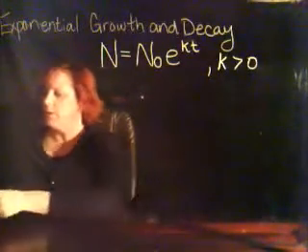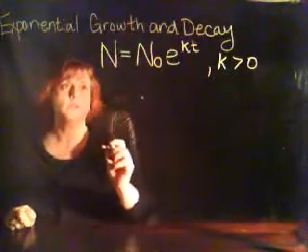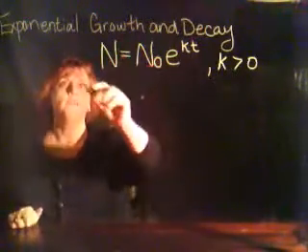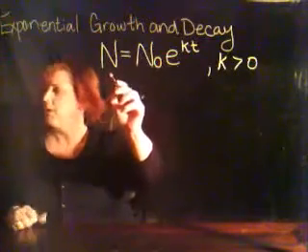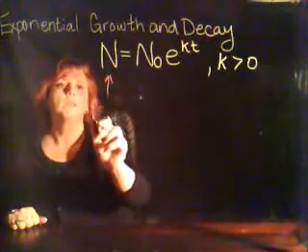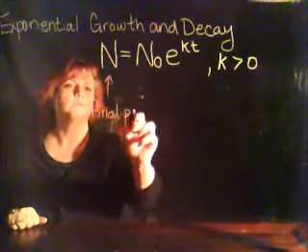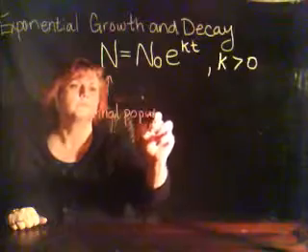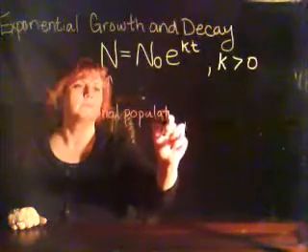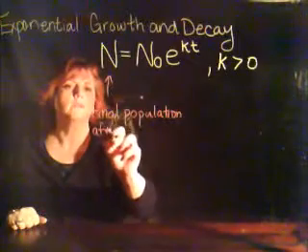Let's take a look at what each of those pieces mean, because we're talking about exponential growth or decay, and we're basically talking about populations. So this one is going to be our final population after a certain amount of time, so after t.